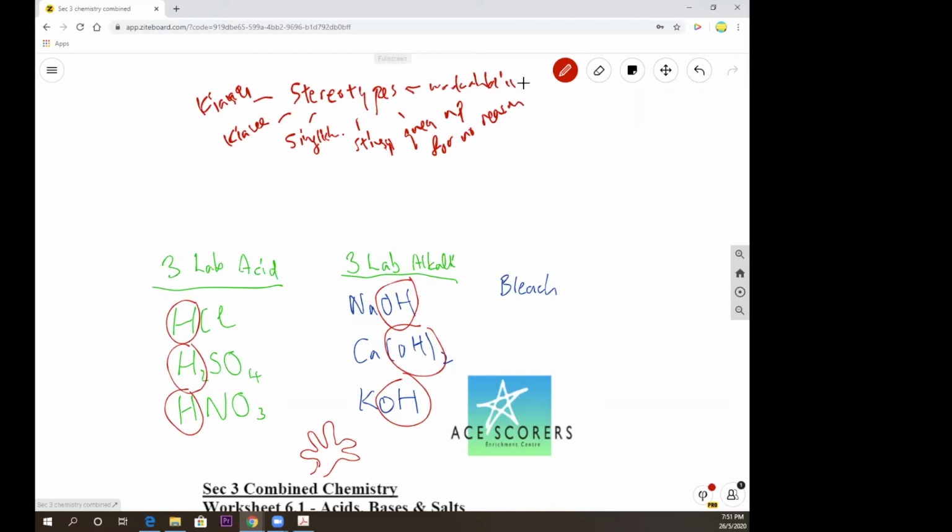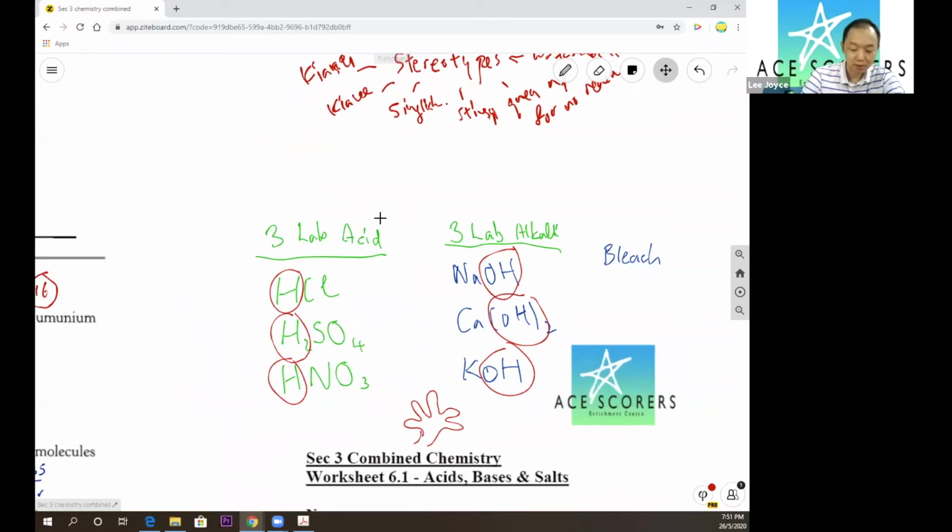So it's the same for acid. You must stereotype acid, right? So when we say something is acidic, it tastes sour, pH 1 to 6, right? There are 3 chemical reactions for acid.